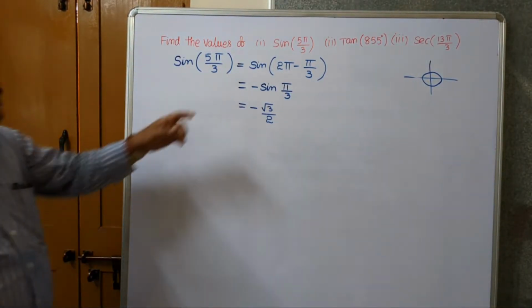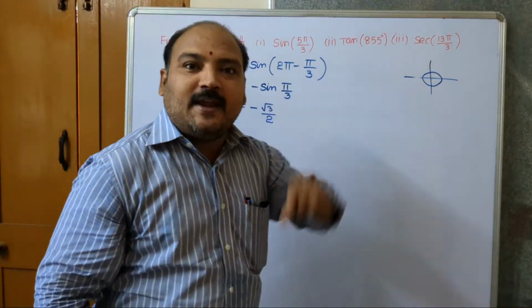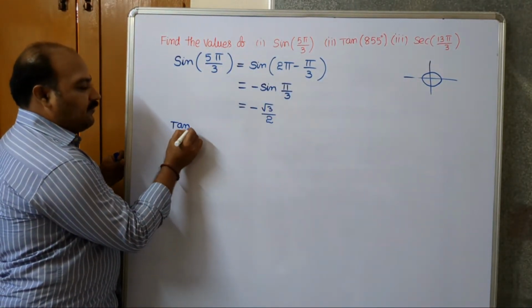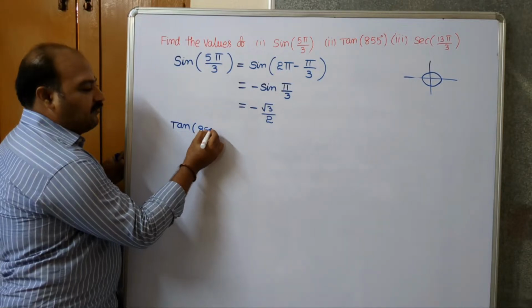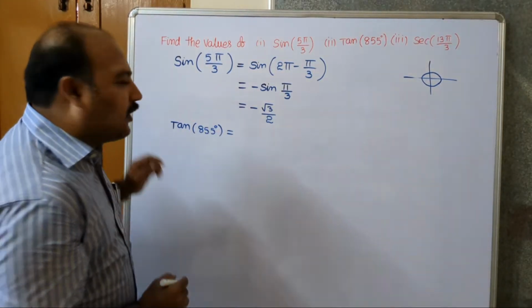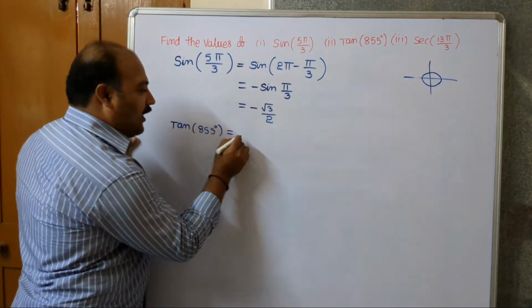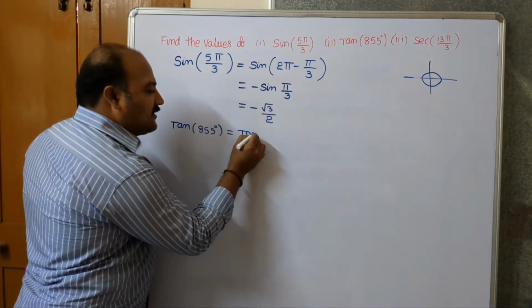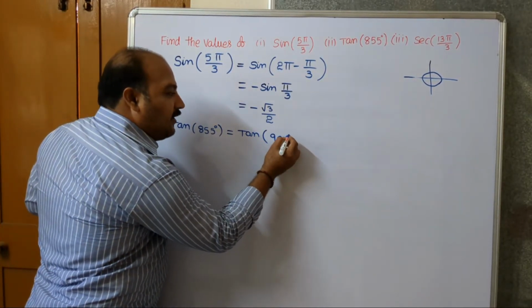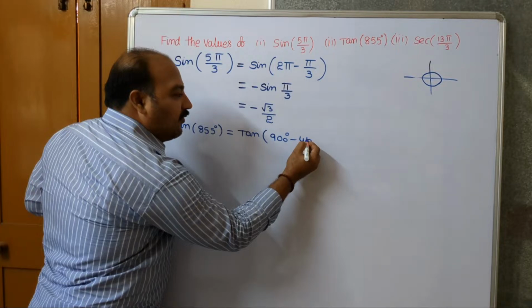Now come to the second one. Tan 855. 855 is near to 900. So can we write like this? Tan of 900 minus 45.